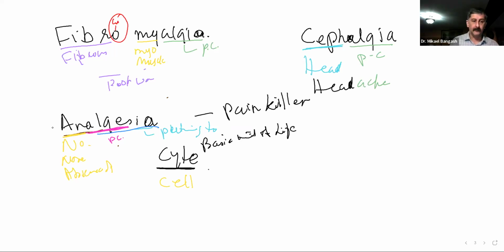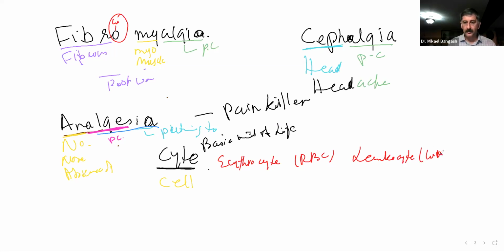Now we had a couple of examples. I hope everybody will know this one: erythrocyte was your red blood cells. We had leukocytes, which were your white blood cells.